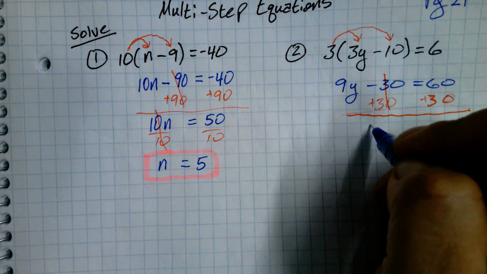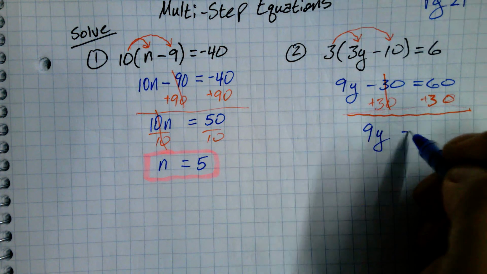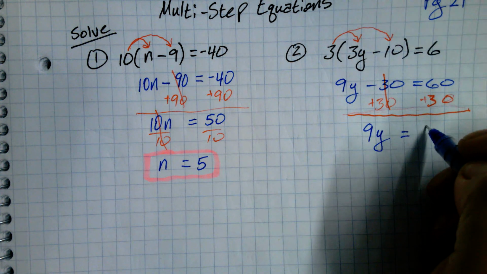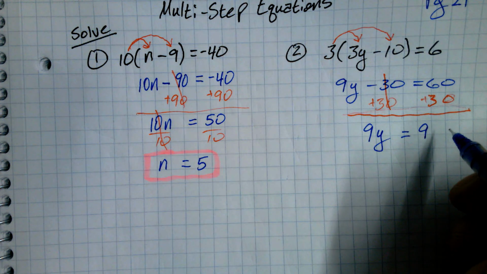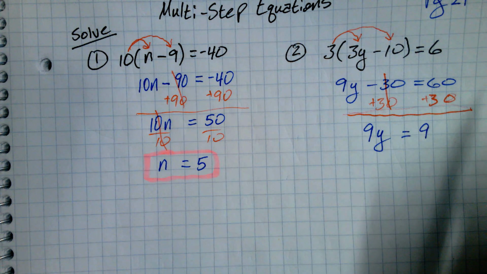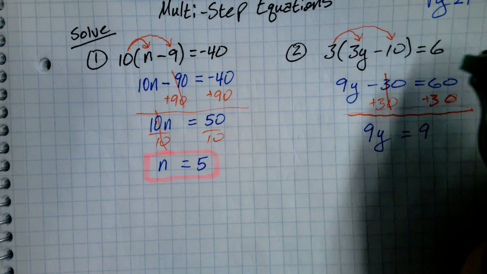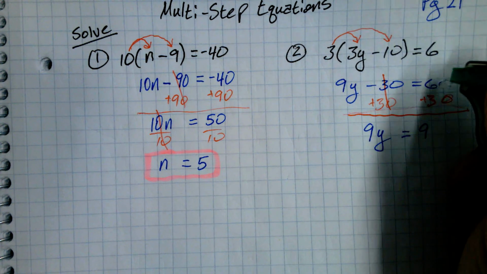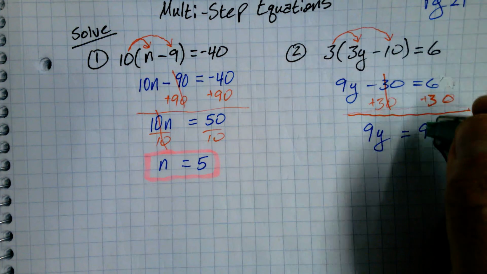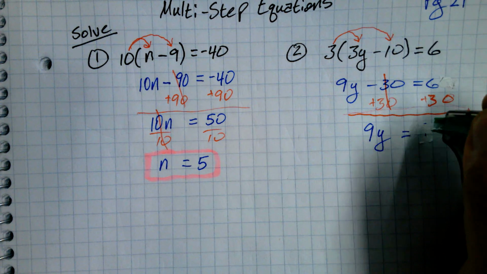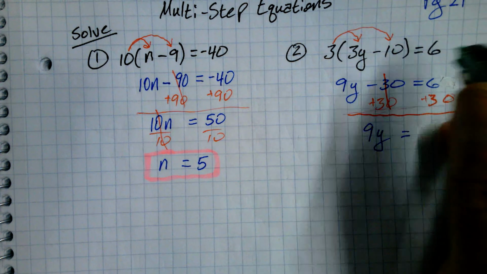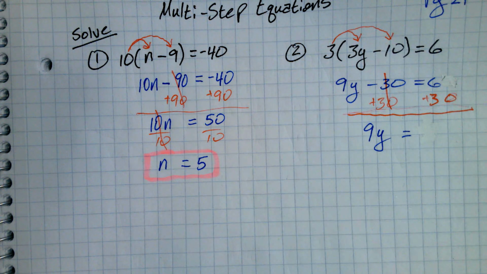So that's going to be 9y equals 90. Oops, did I do something wrong? Oh boy, look what I did. That changes the answer completely, doesn't it? Good catch, thank you.